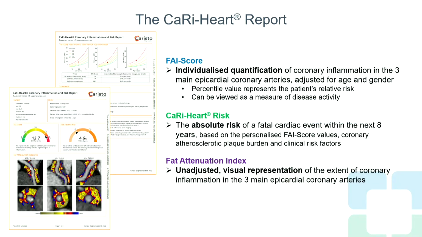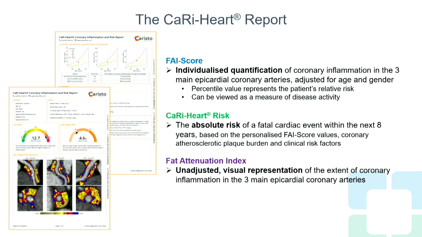So as Haris has insinuated, basically, what are some of the things that we get from this new technology, from this report? So obviously the FAI score, which is the individualized quantification of inflammation. So we are moving beyond stenosis, plaque, into inflammation in the perivascular space.